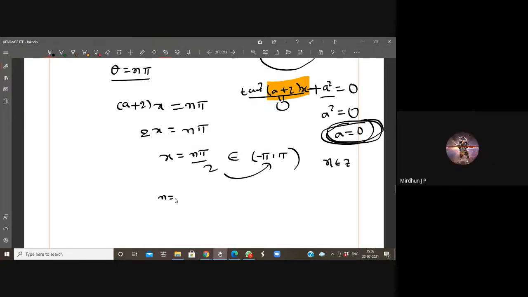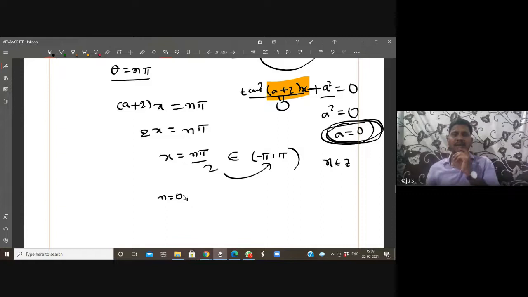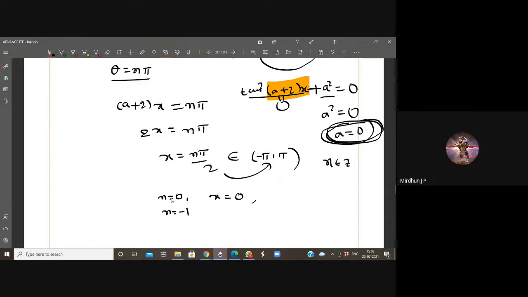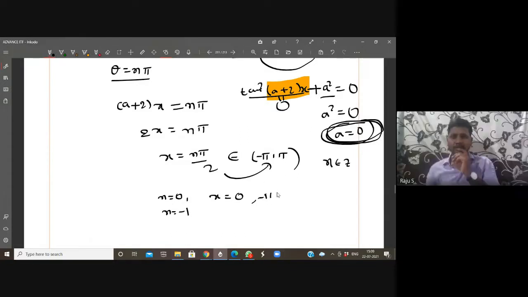When I take n equal to 0, x is equal to 0. N equal to minus 1, we will get minus pi by 2. N equal to plus 1 gives plus pi by 2 also. Next, n is equal to 2.